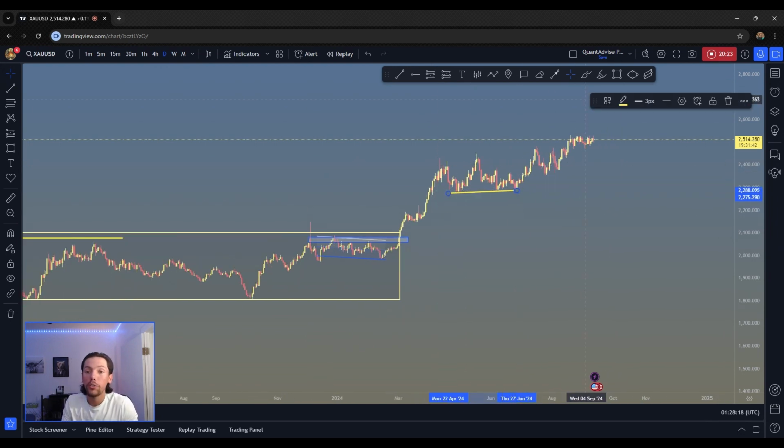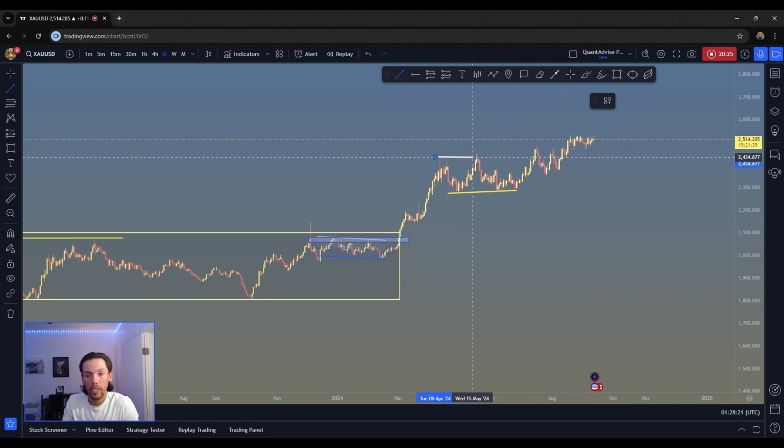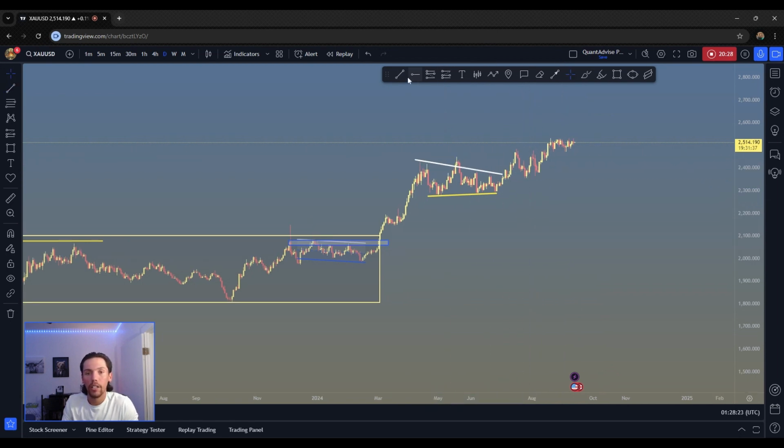Gold, I'm seeing two things on gold. I'm not just seeing one thing. I see a flag there, and then I'm seeing the same pattern right here.